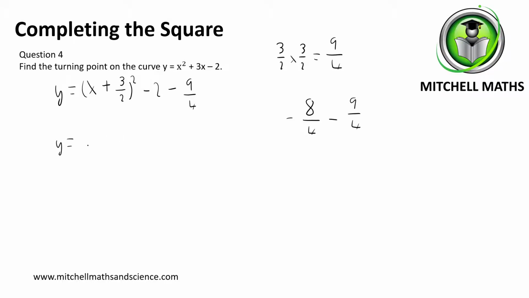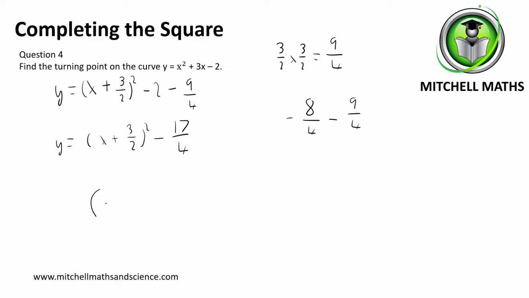Therefore, when we write this out, it could be x plus 3 over 2 squared minus, well, 9 take away 8 is 17. Therefore, we have 17 over 4. And if we look at our brackets, to make that bracket 0, we'd need minus 3 over 2.